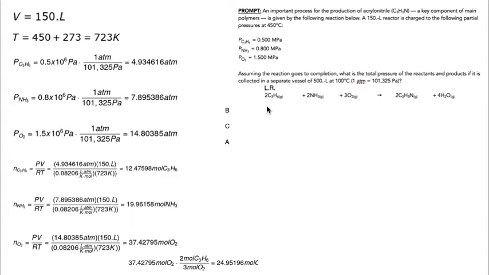So now what we can do is indicate the quantities at before. So here we have the C3H6 and the quantities of NH3 and the quantities of O2. And I can put them right there. And these again are in moles, right? The moles of C3H6, the moles of NH3, and the moles of O2.